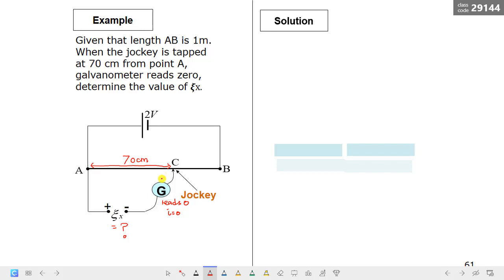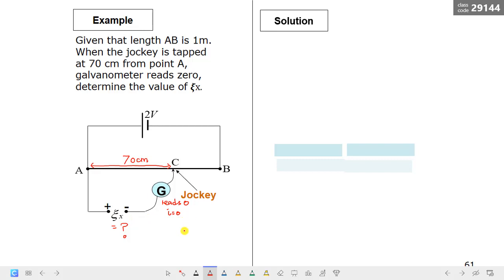So kalau tak ada current yang lalu bahagian bawah ni, dia akan beritahu kita potential point A akan sama dengan terminal positif sini. Potential point C akan sama dengan terminal negatif ni. Bila potential sama, barulah tidak ada current flow.